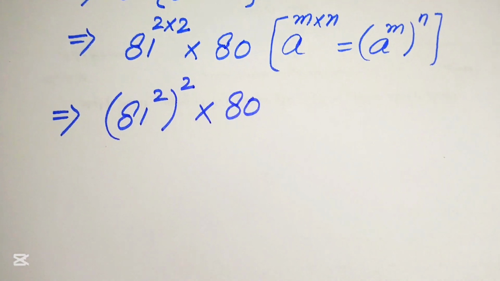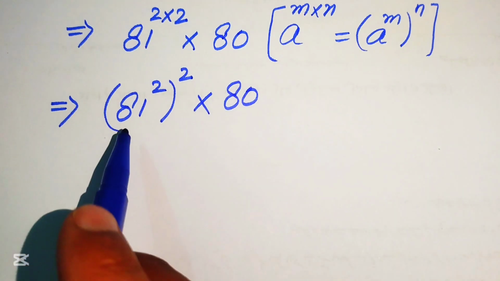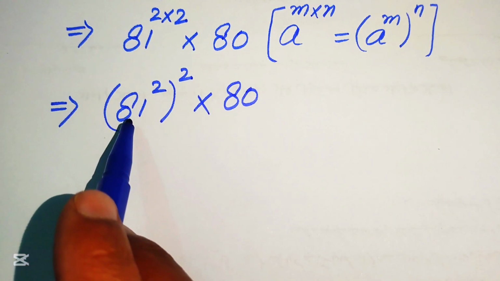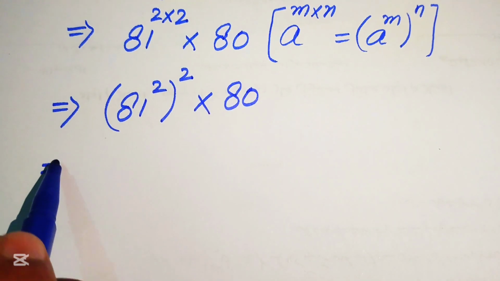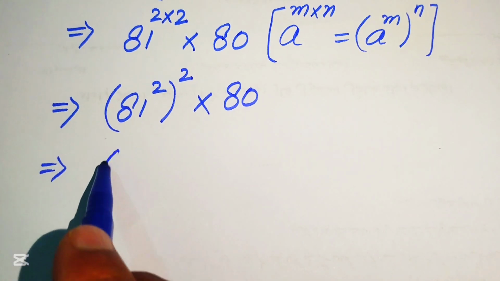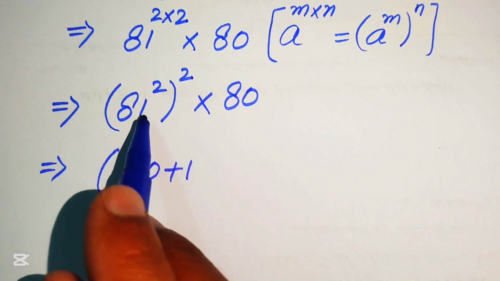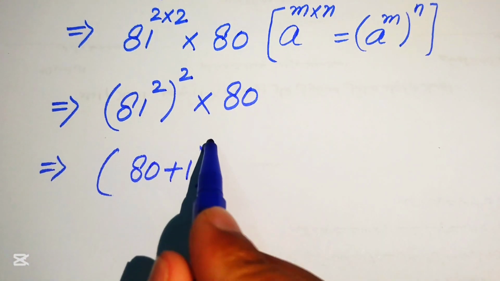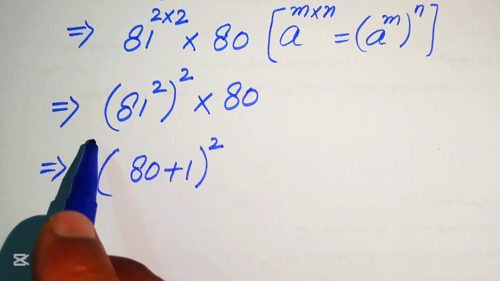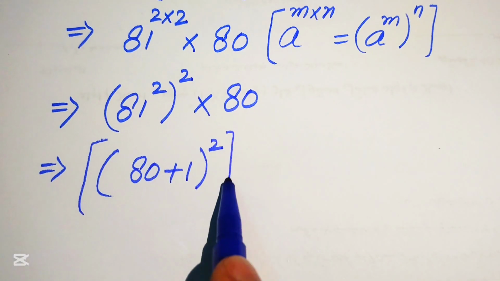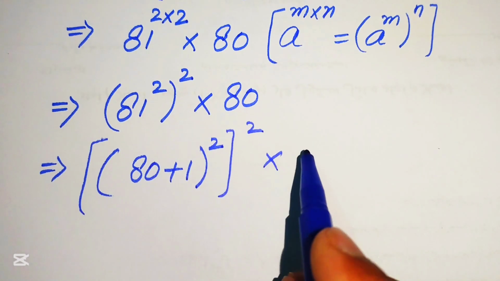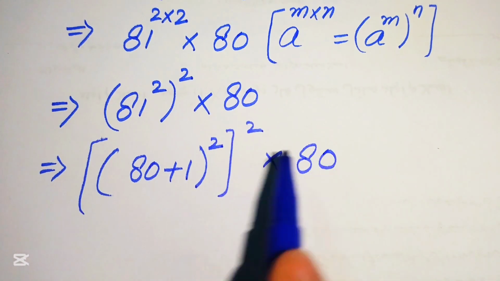Further, in order to open the square of 81, we first write it as 80 plus 1. We write 81 squared as 80 plus 1 whole squared, and again put its whole square, multiplied by 80.